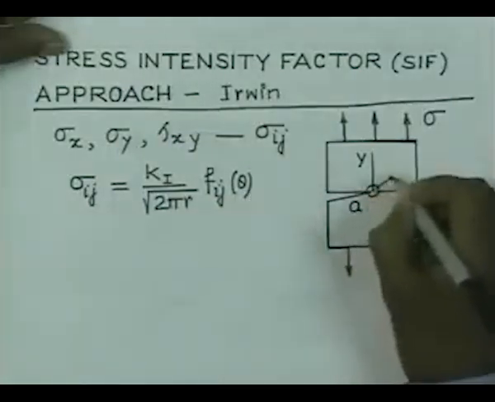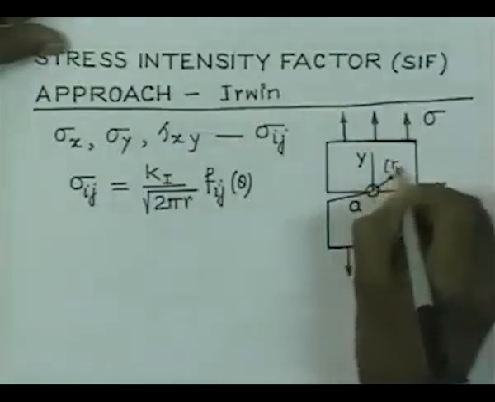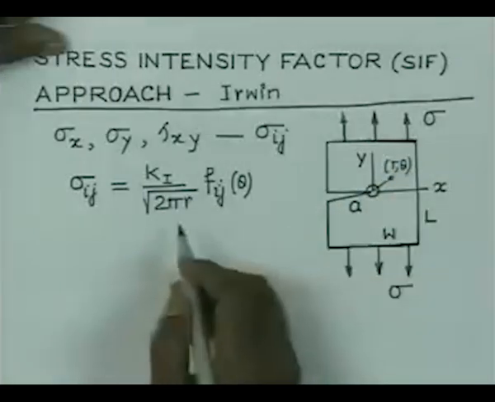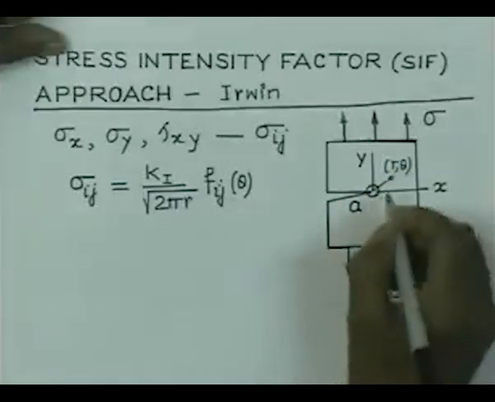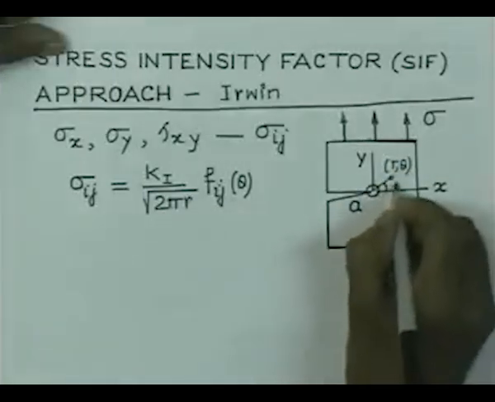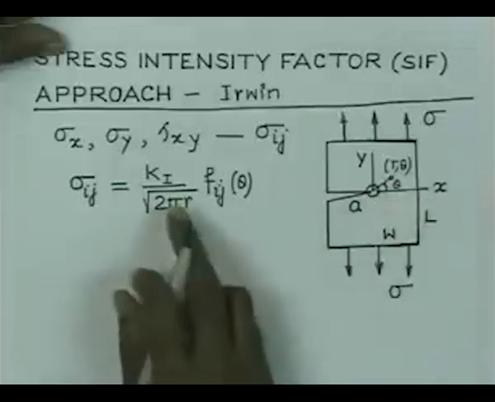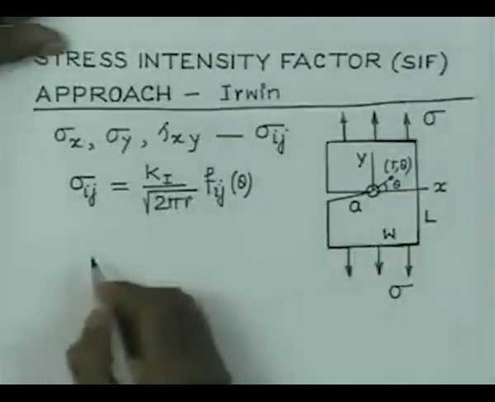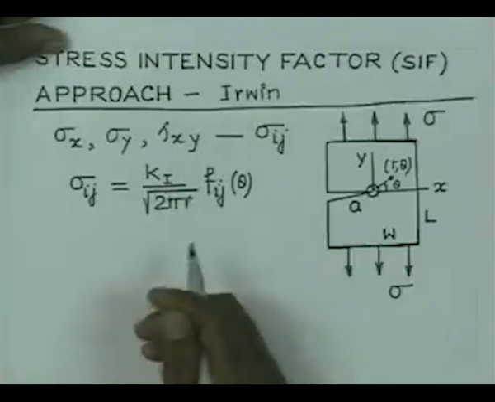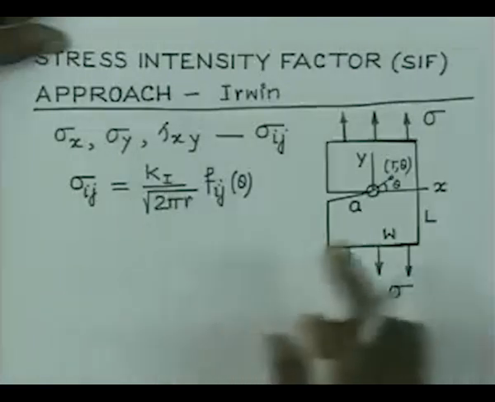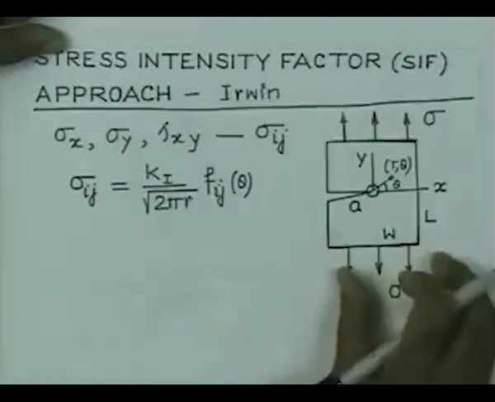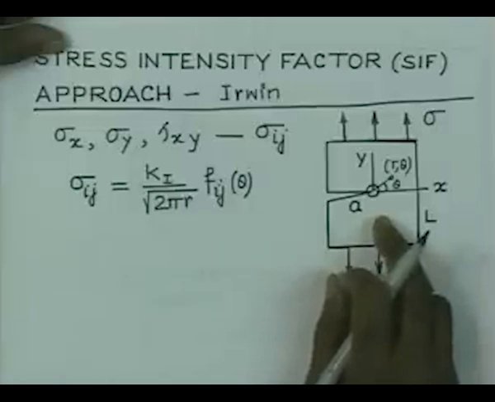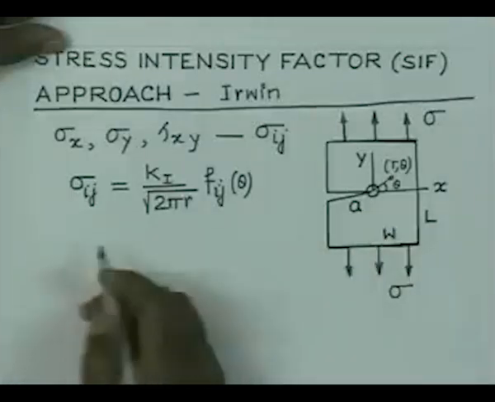Here r and theta are the coordinates of a point in polar coordinates, this is the angle theta, and this K i is a parameter which is related to the geometry of the body and the crack dimensions.